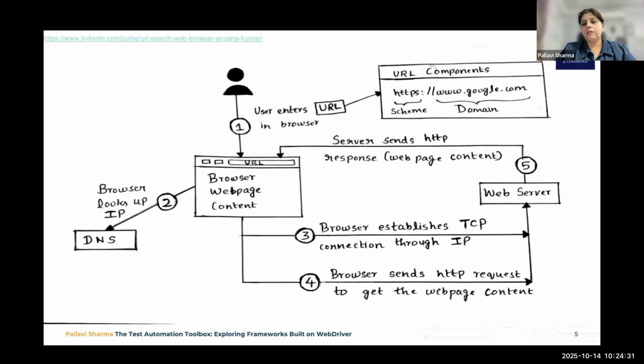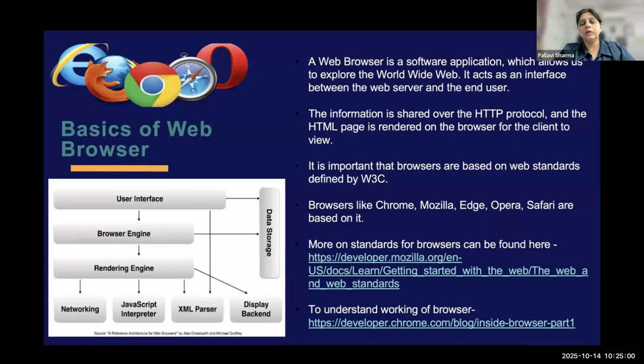The URL then sends an HTTP request to the web server where your website is actually hosted, and it establishes a connection and the data is sent back to you. So this to and fro keeps happening as you keep scrolling your web page, you perform various actions on it, your end user is trying to interact with it. And each of these actions is sent with the help of an HTTP request and an HTTP response.